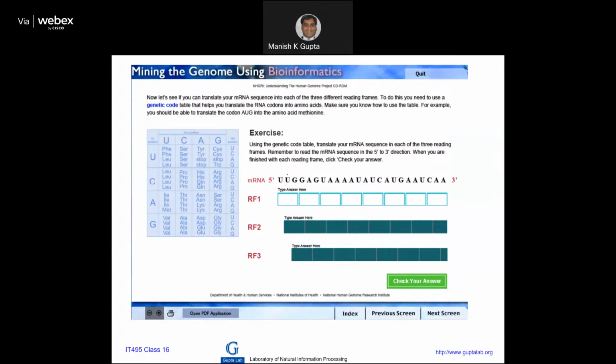When I look at this first reading frame, UUG, so U, U, and G, this is the first one, right? Now the second one, GAG. What will be the GAG? GAG is this one, ARG, right?